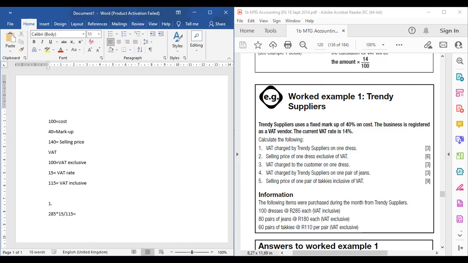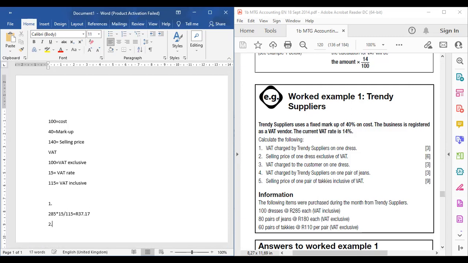So when I calculate 285 times 15 over 115, we're not going to use 14 because it's going to confuse you. The answer is 37 rand, comma 70. So this is the VAT on one dress.